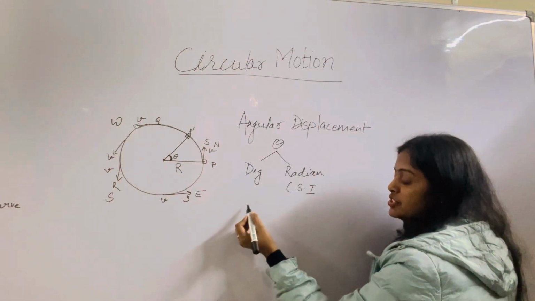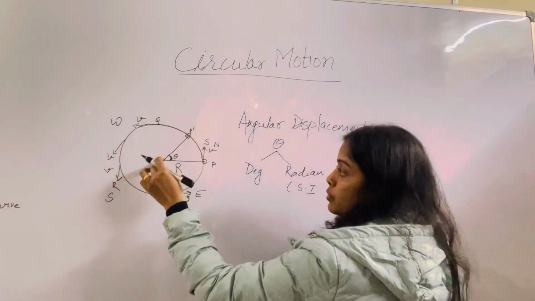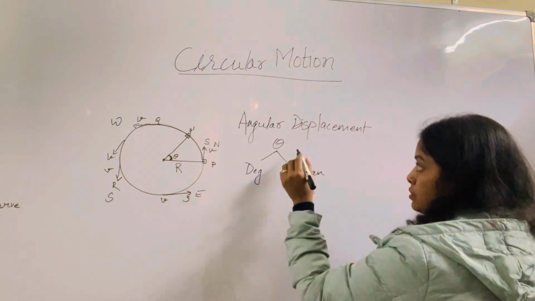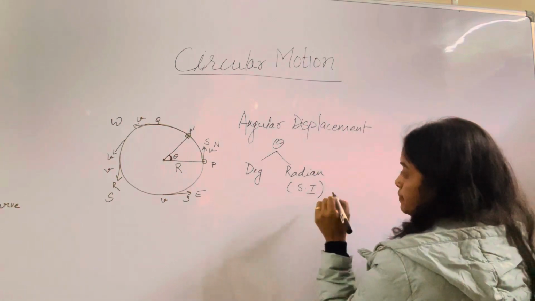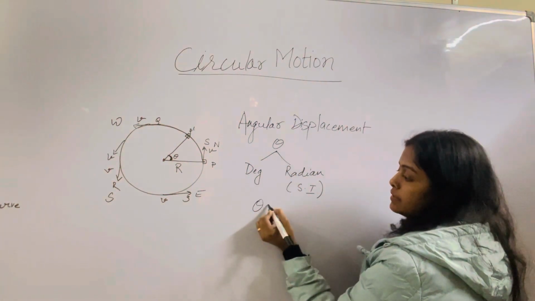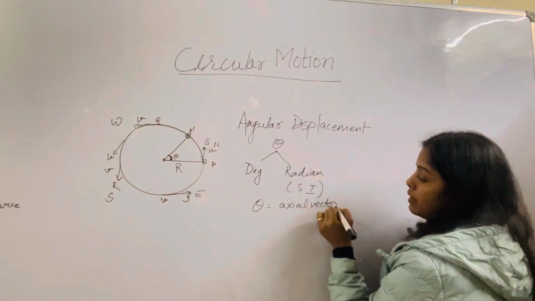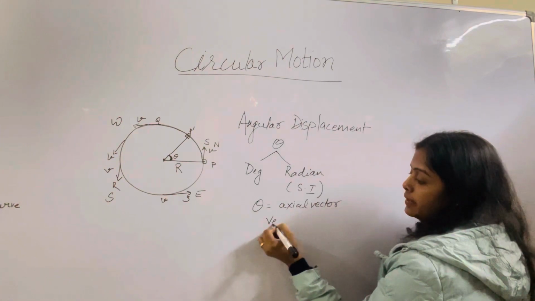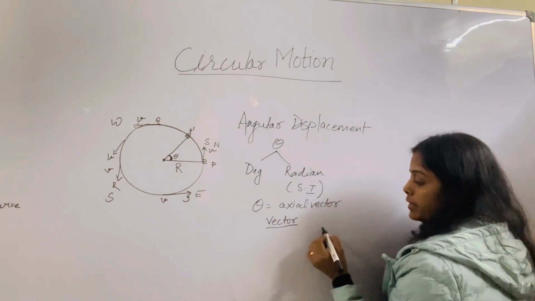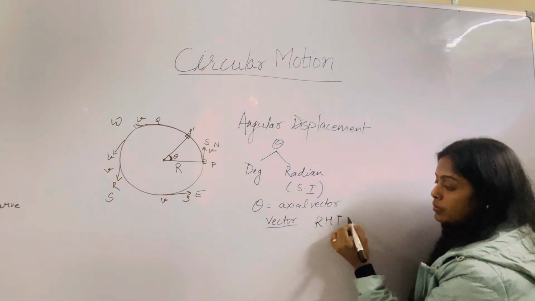It is the change in angular position of a body when it moves in a circular path. So this is theta. And this theta is an axial vector, and it's a vector quantity. Its direction is denoted by using the right hand thumb rule.